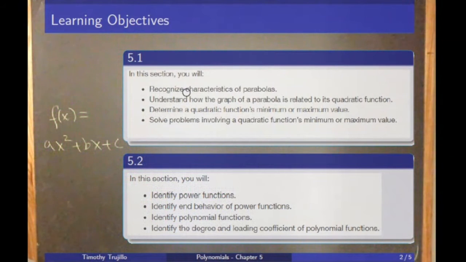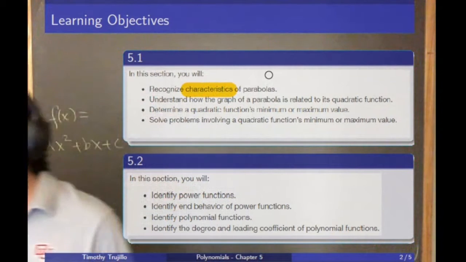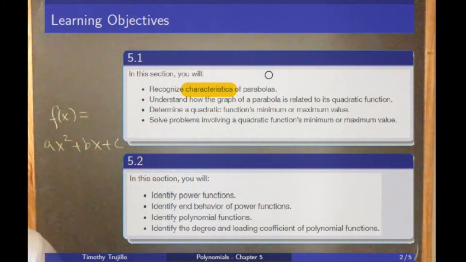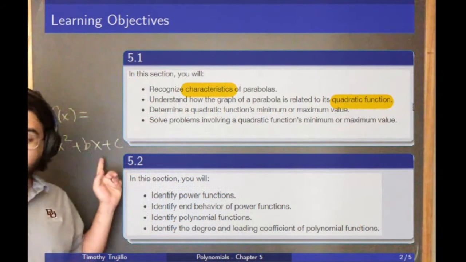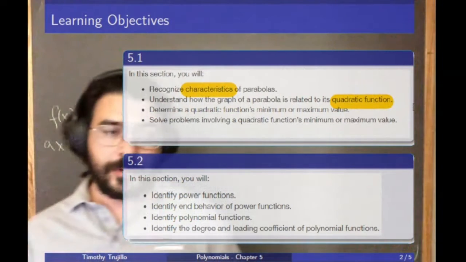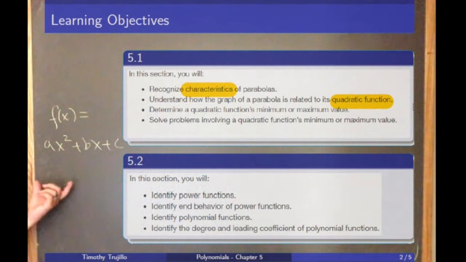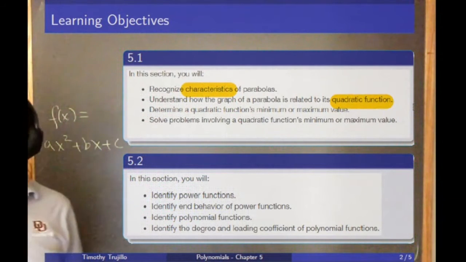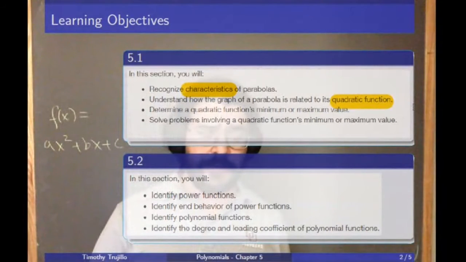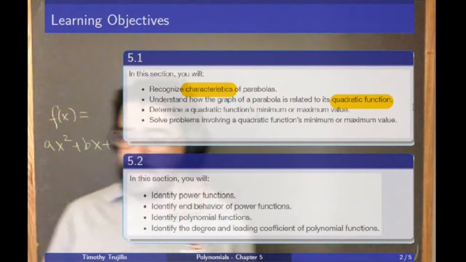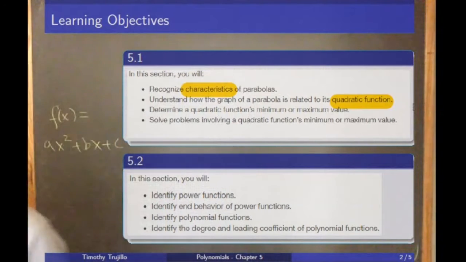So we should be able to look at the characteristics of a parabola. For example, the vertex is one of the main characteristics of the parabola that we were interested in. We should be able to understand how the graph of a parabola is related to the quadratic function, in other words, this formula here. Remember, you can pick out the x value of the vertex by taking negative b over 2a, and you can then figure out the y value of the vertex by evaluating f at that particular value of x.